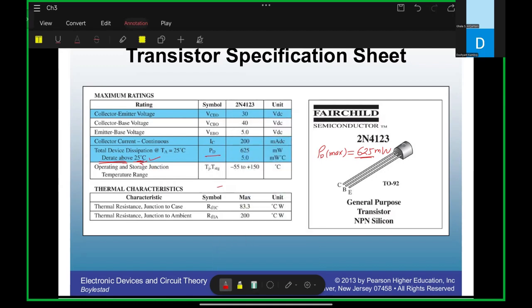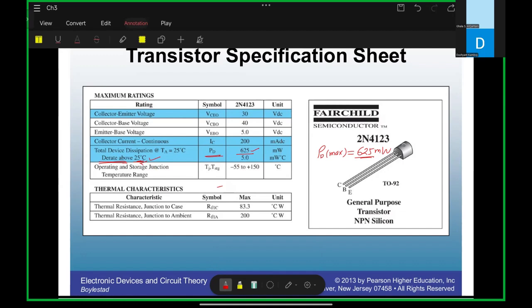Do you understand what 625 milliwatt means? It means that much maximum power can be tolerated by the transistor. If you increase the power dissipation above this, your transistor will be burned out. It can handle maximum 625 milliwatt power, right?